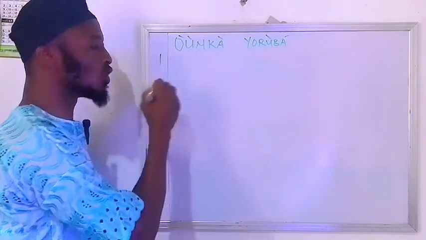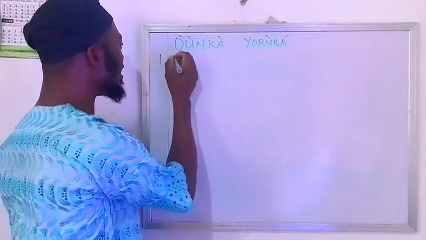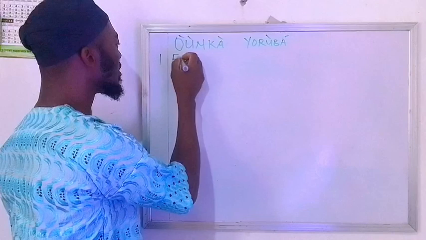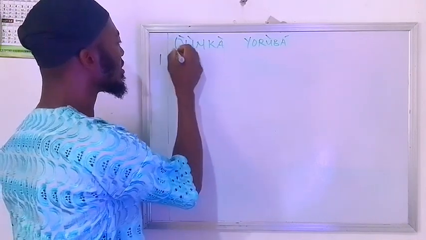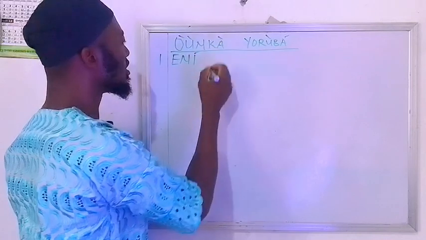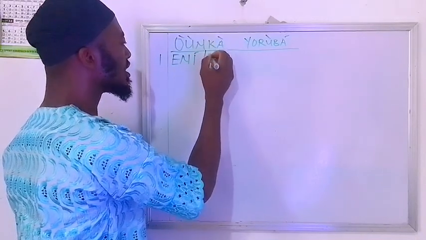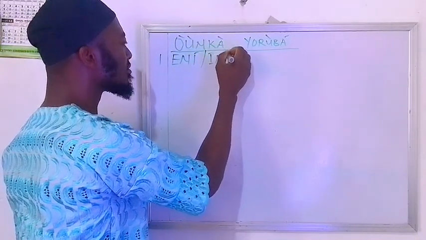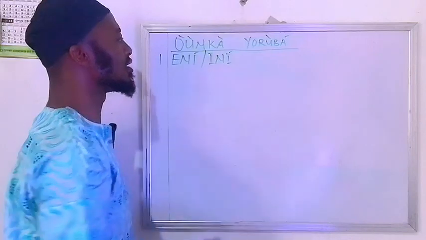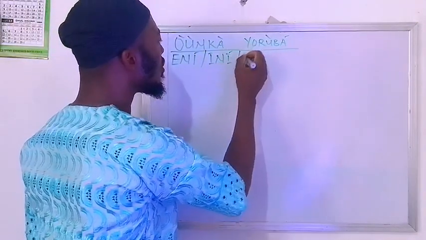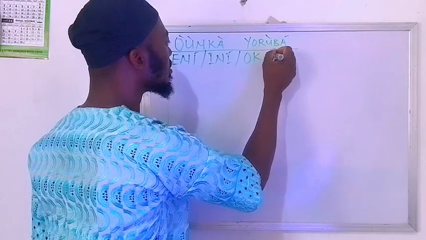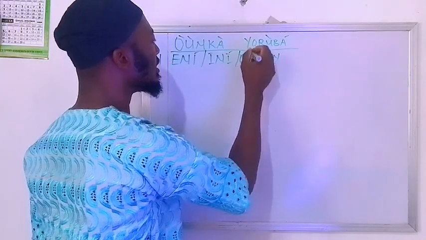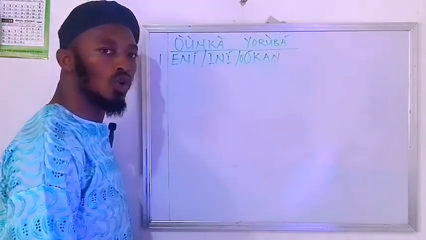1 in Yoruba language is ení, or some people call it ìní, or ọ̀kan.